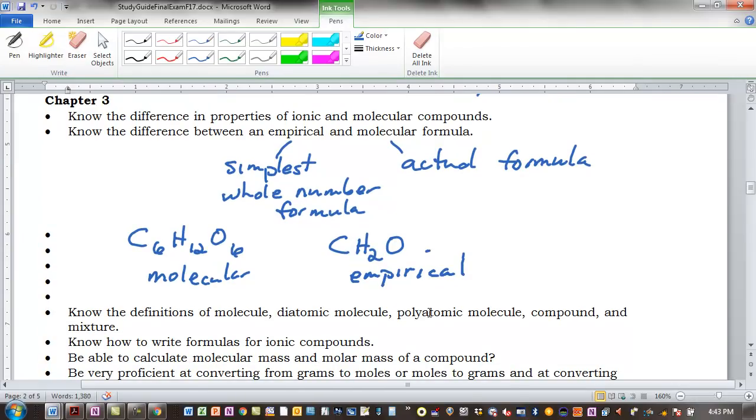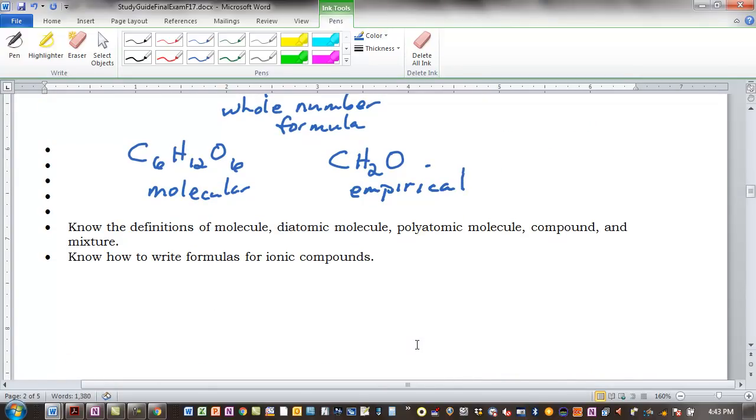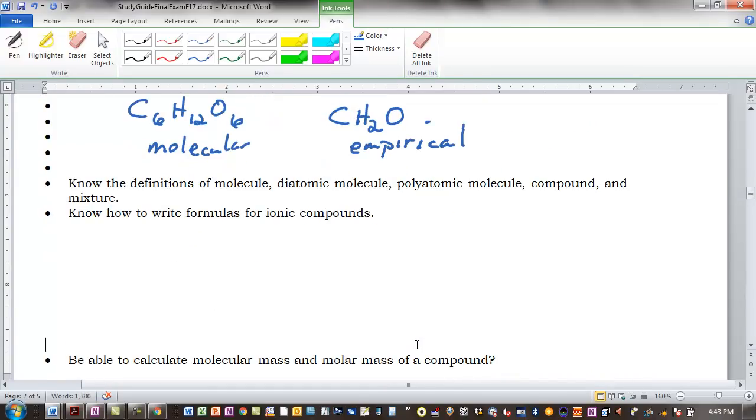All right, let's see what else we have. Molecule diatomic, you don't need to know that. Write formulas of ionic compounds, you certainly need to know how to do that.